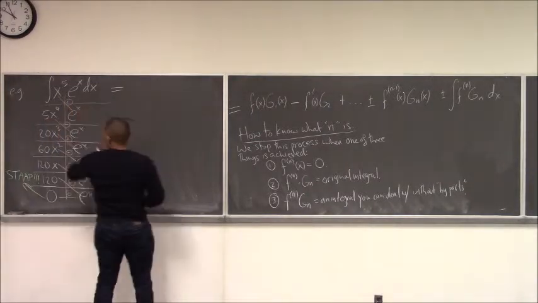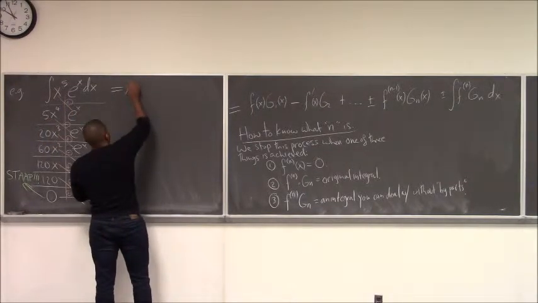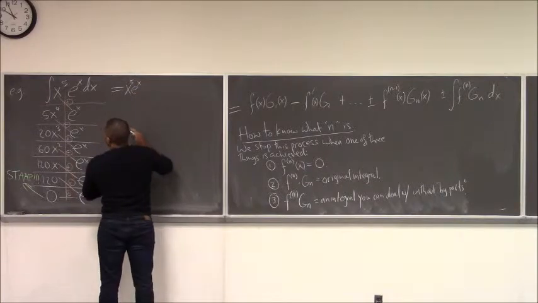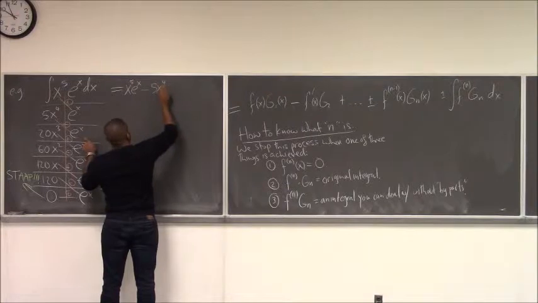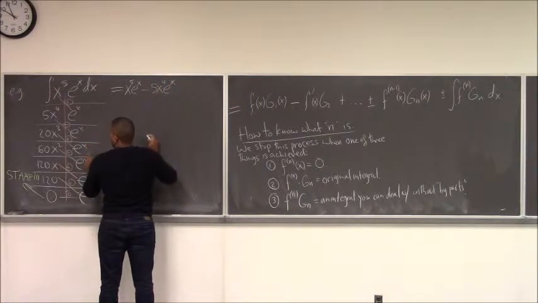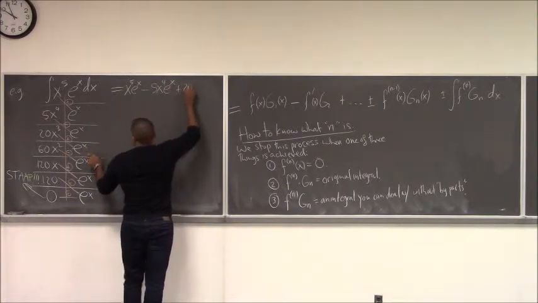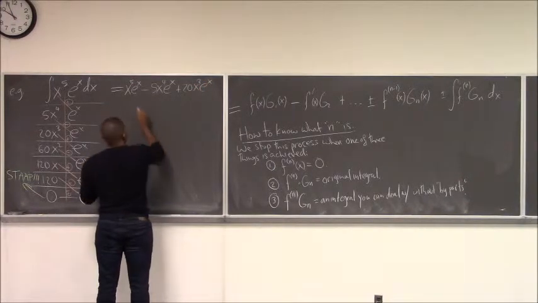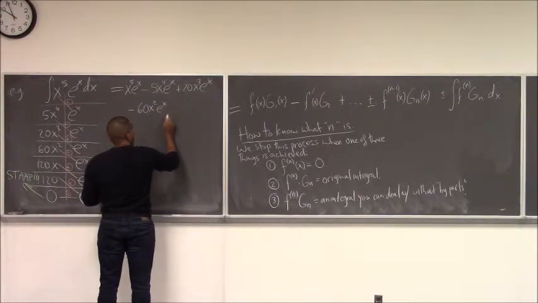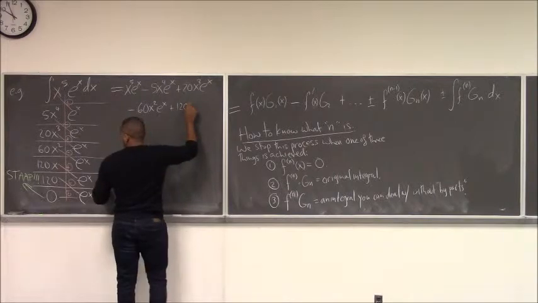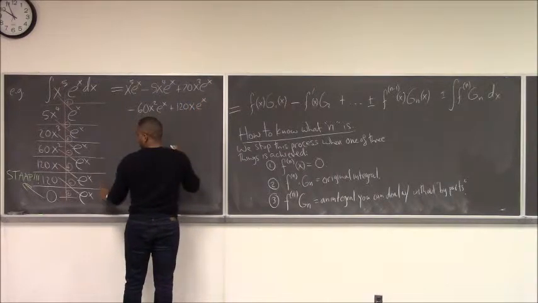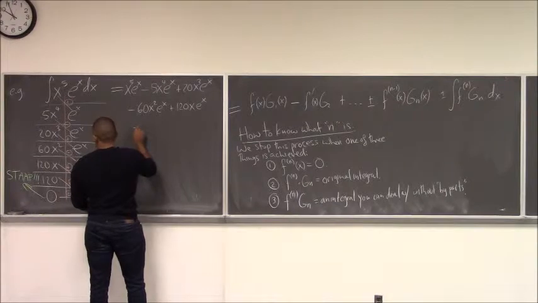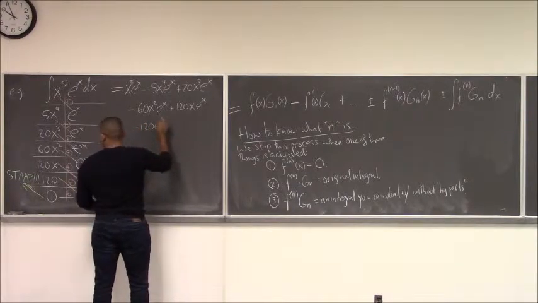So the result of this is going to be x to the fifth, e to the x, minus the negative sign, 5x to the fourth, e to the x, plus 20x cubed, e to the x, minus 60x squared, e to the x, plus 120x, e to the x, minus 120 e to the x.